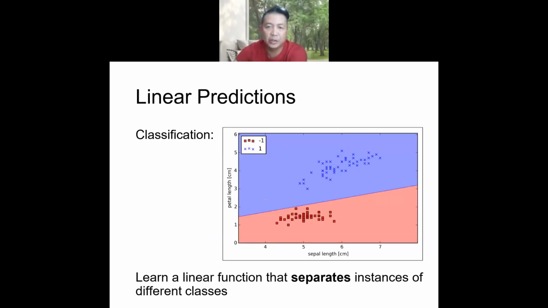But for classification, we need to draw a line that will separate the two classes. So we learn a linear function that separates instances of different classes. Instances here refer to the samples of different classes that we have. In this example, we have only two classes. The X is positive 1 and the red one is negative 1.